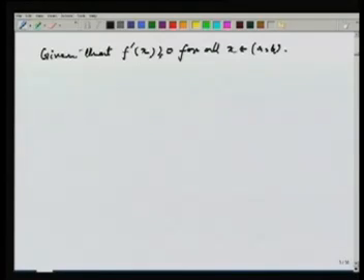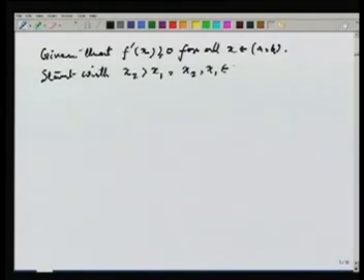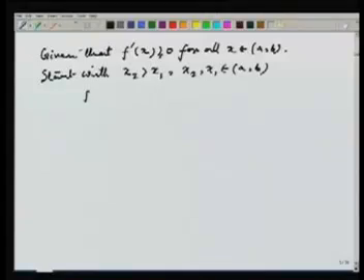If I want to show that f is increasing, what I have to do is start with some x2 bigger than x1 such that x2 and x1 both are in the open interval (a, b), that is they are in the domain of the function, so that applying f on these two points makes sense. Now I have to look at f(x2) minus f(x1). Somehow I have to show that this is non-negative. If I do that, it will prove that f is increasing.